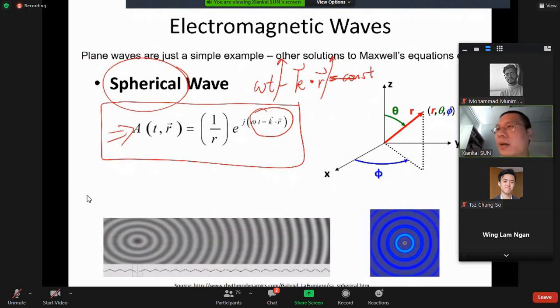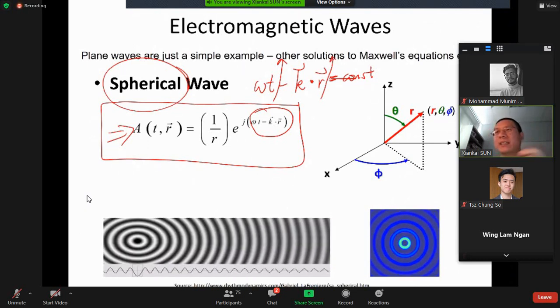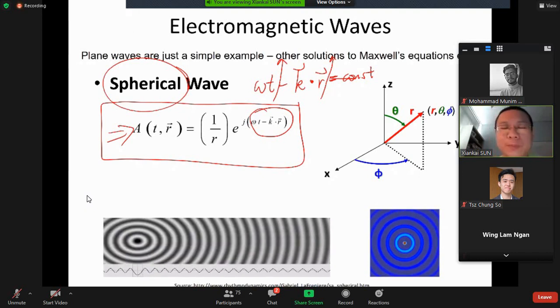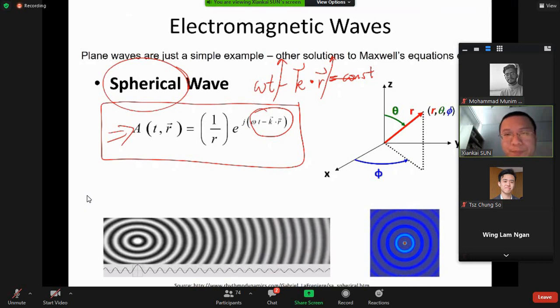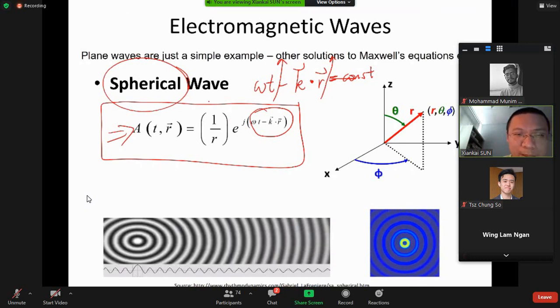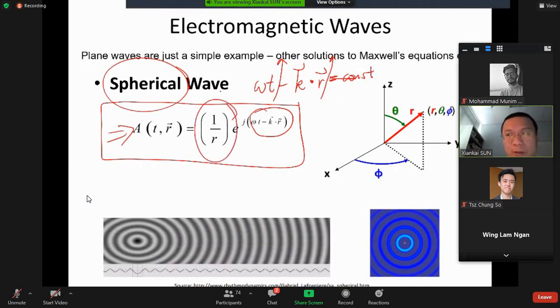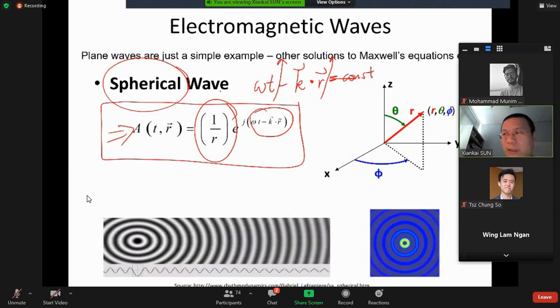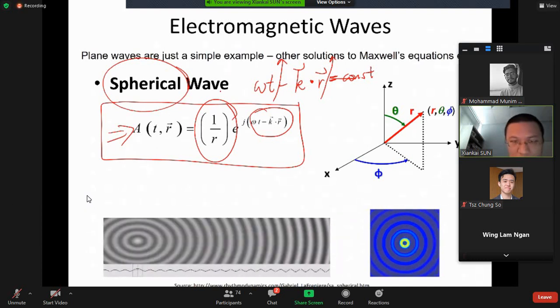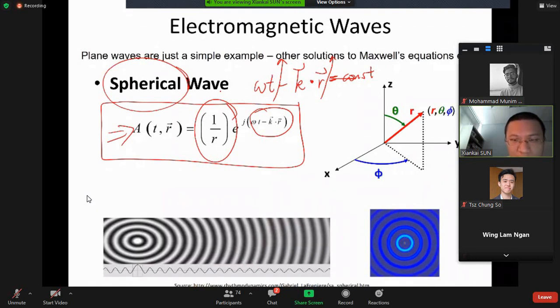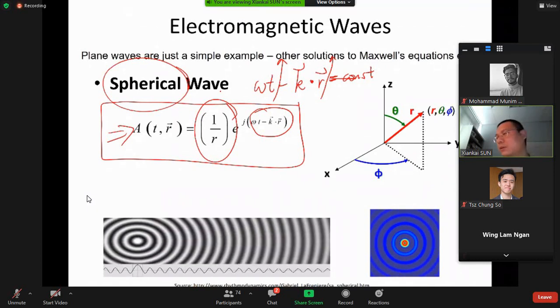In this way, you know that the wave is radiating along the radial direction. In the meantime, its amplitude falls as r increases, and it's inversely proportional to r.